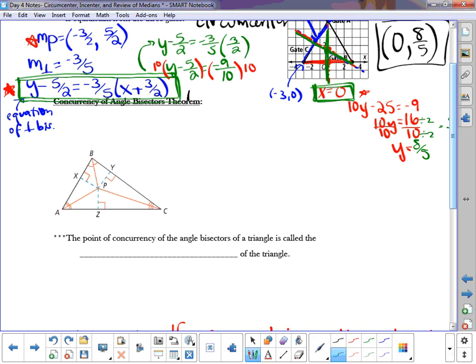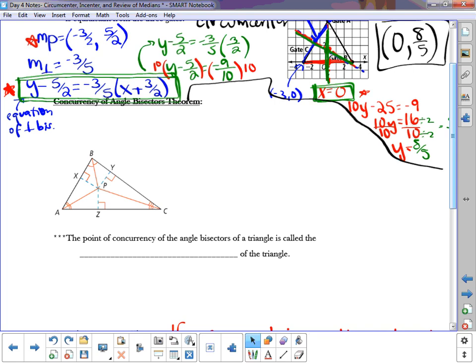Again, we have our angle bisectors all meet at one point, and we call this particular point something, and there is a special characteristic about this one as well. Alright, so concurrency of angle bisectors. How many angle bisectors do we have in a triangle? 3. Okay, so all 3 meet at one point.